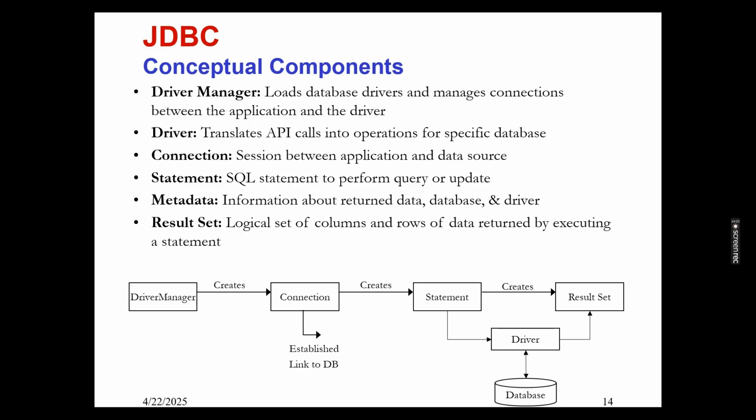It also has two more parameters, a username and password. So in total there are 3 fields: first the URL, second the username, third the password. Using these 3 parameters we can create the connection object.